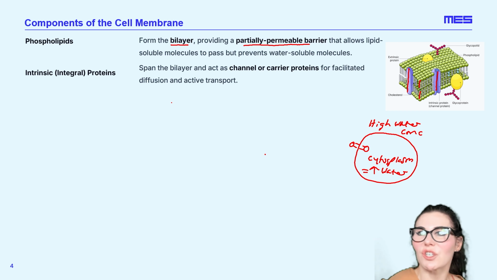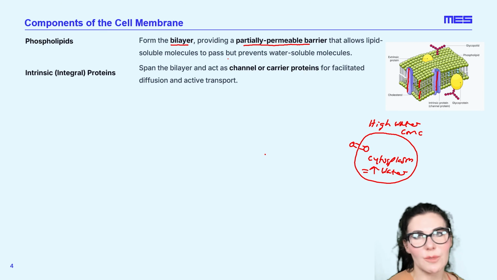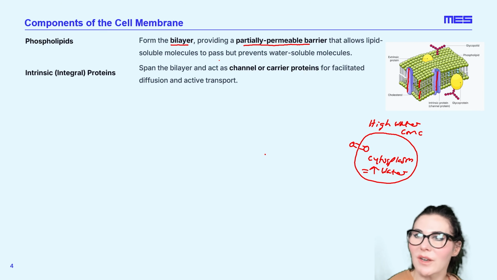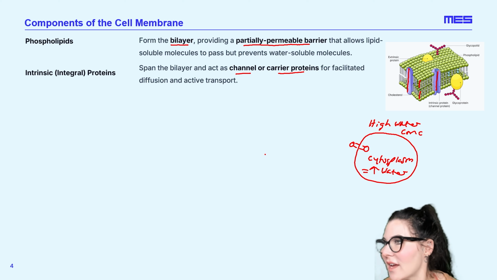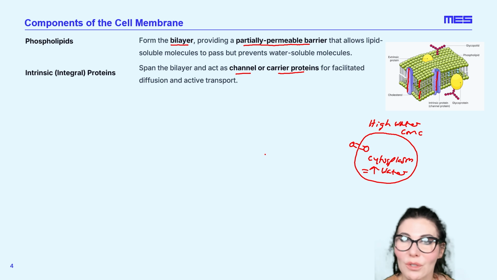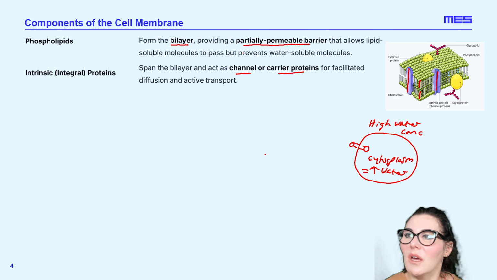They actually enable substances that can't directly pass through the bilayer, or substances that are moving against their concentration gradient, to get through via channel or carrier proteins. So our channel protein here is typically an integral or intrinsic protein with literally a water-filled pore in the middle through which substances that are water soluble can travel.